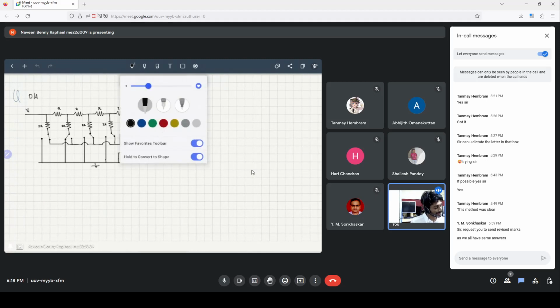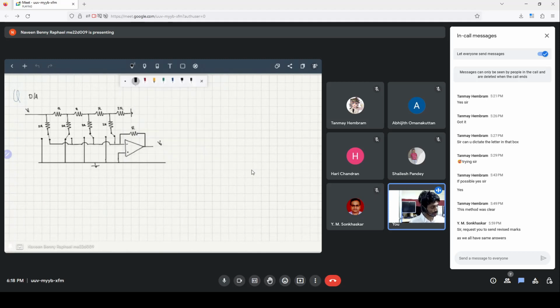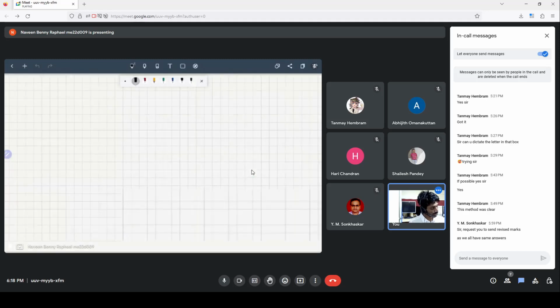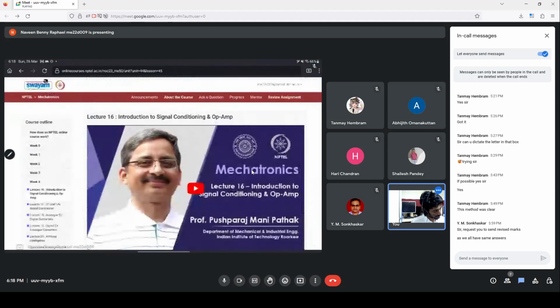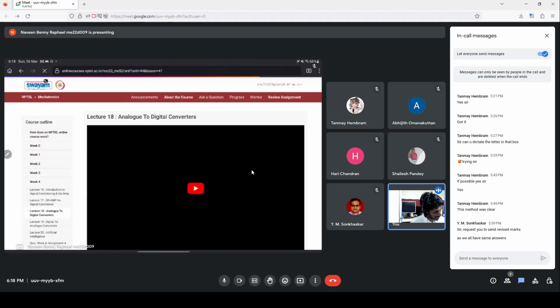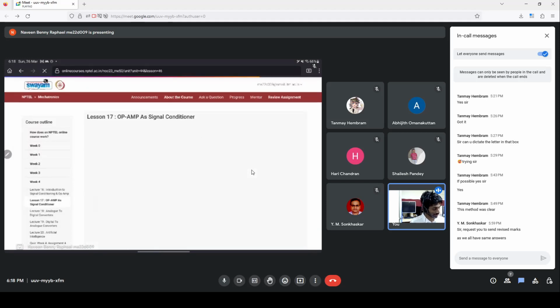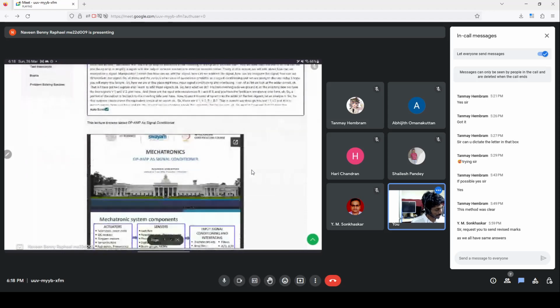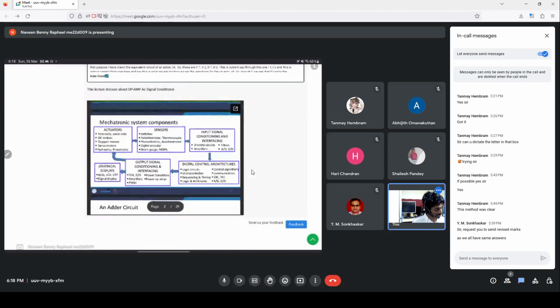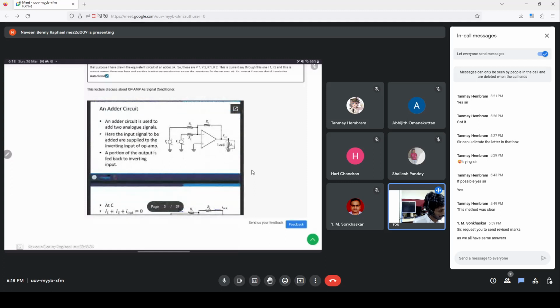Now we can technically think of another kind of digital to analog converter. In the notes we have the operational amplifier used as an adder, that is, given different inputs you can add the voltage, the adder circuit.